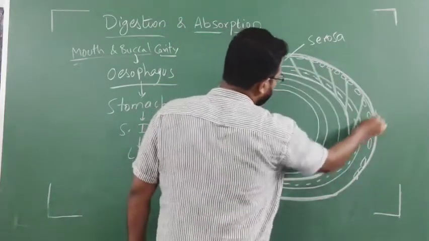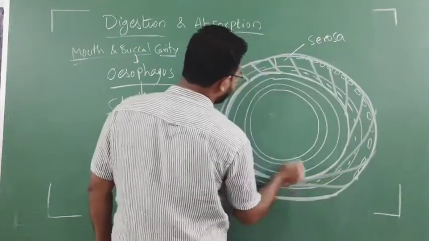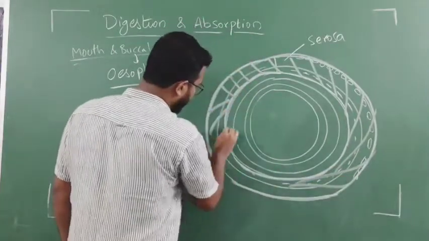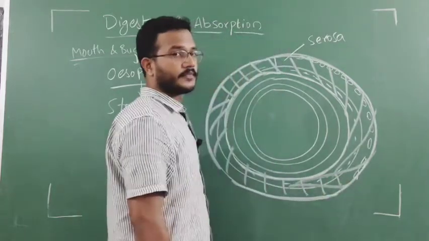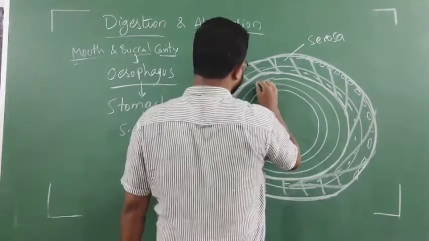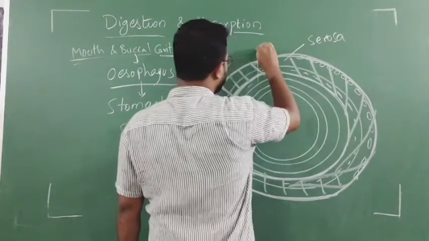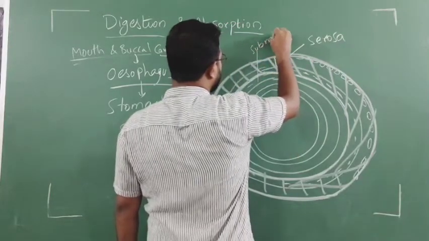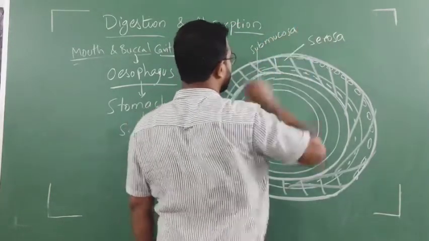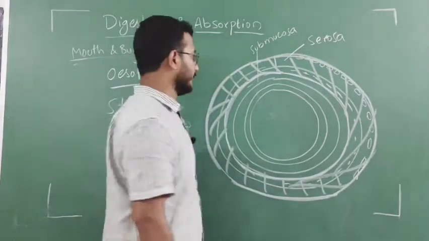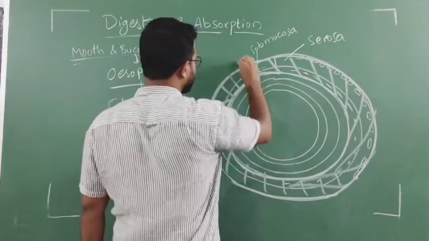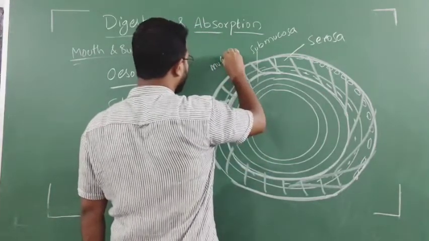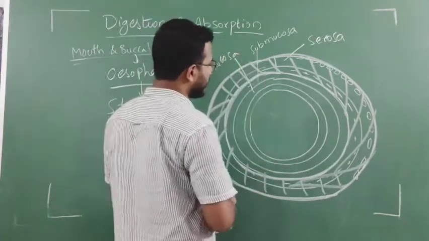Outerly it contains longitudinal muscles and innerly it contains circular muscles. Now this region is submucosa, and here this region is mucosa.